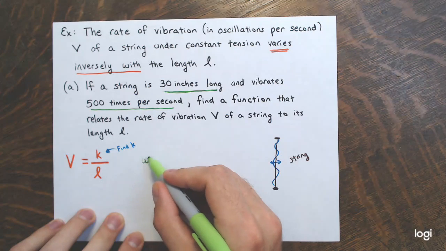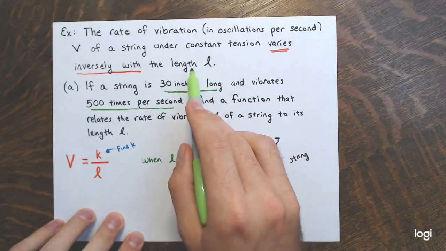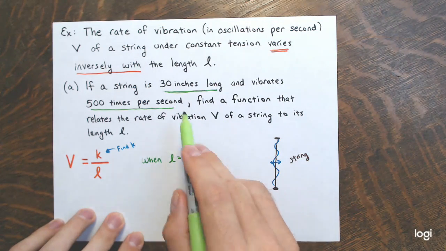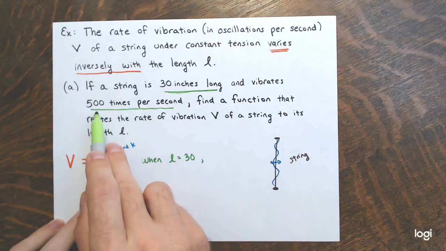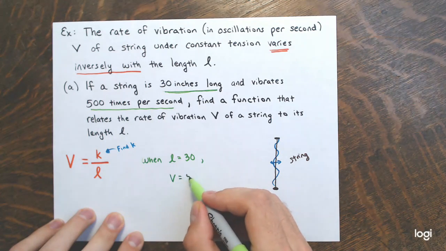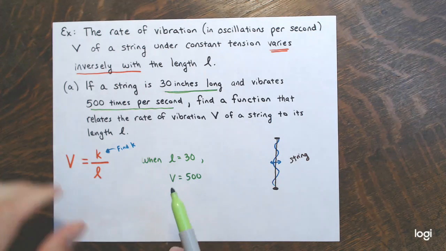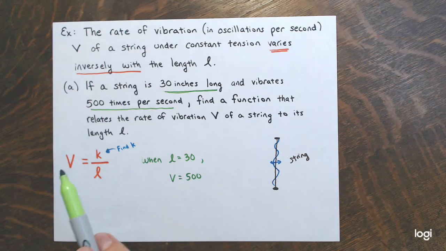So when L equals 30, the length in inches, V equals 500 oscillations per second, the units given to us earlier. Just like the last example, I can use this information to find k and then complete the equation.